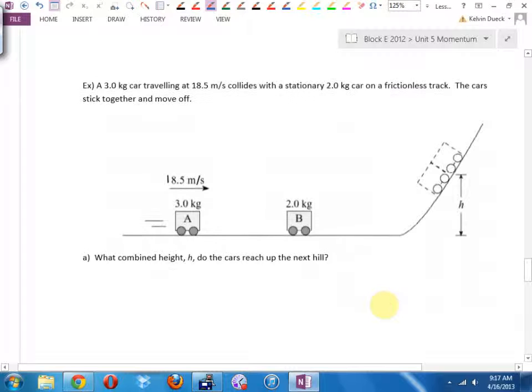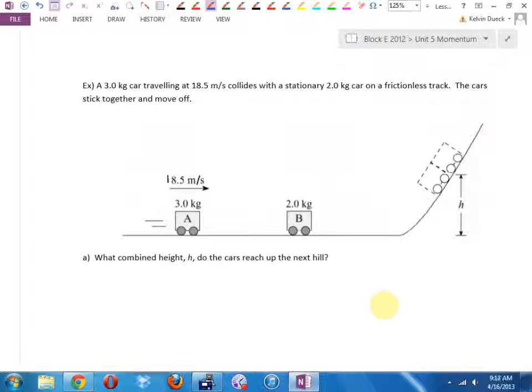Instead, let's do some roller coasters. A 3-kilogram car traveling at 18.5 meters per second collides with a stationary 2-kilogram car on a frictionless track. The cars stick together and move off. What combined height do the cars reach up the next hill?